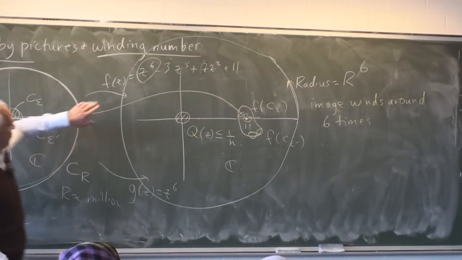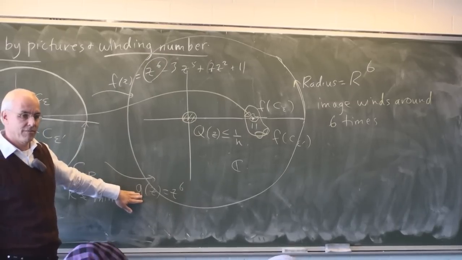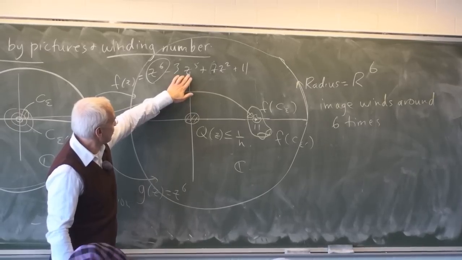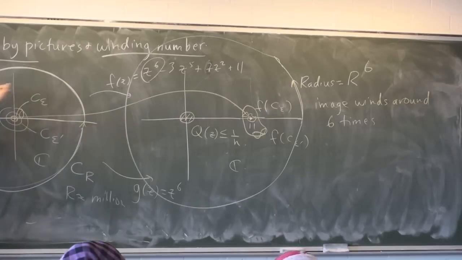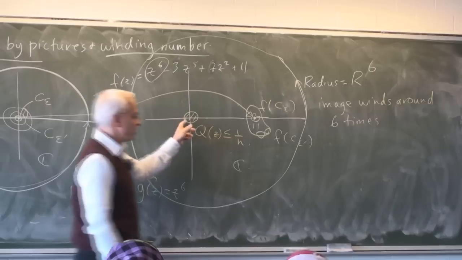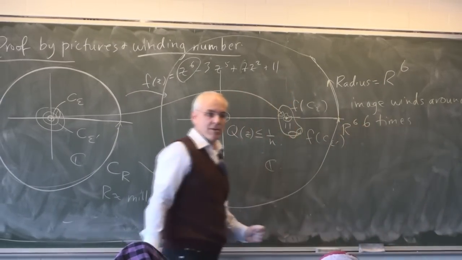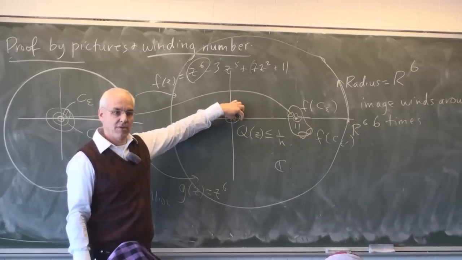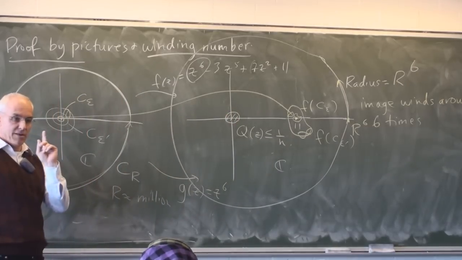Now what about these other terms, though? We're really interested in f of z, not z to the 6. So let's have a look at, say, this next term, 3 z to the 5th. If z is on this big circle of radius 1 million, this big circle here has radius r to the 6th. Where is r to the 5th in comparison to this? Inside. It's inside, but r is 1 million, right?